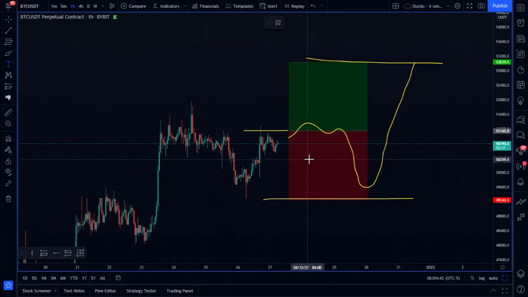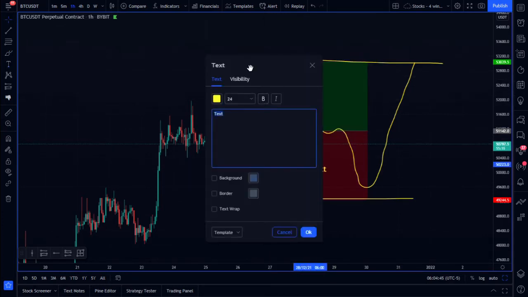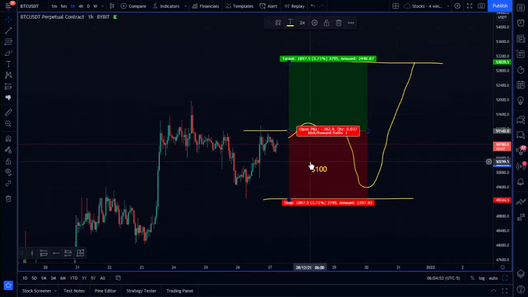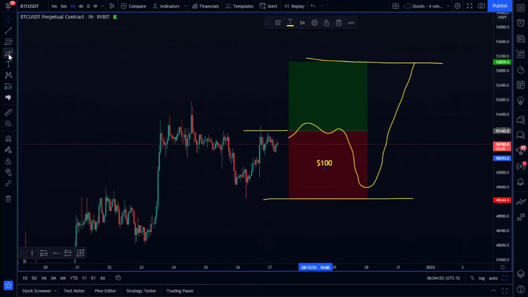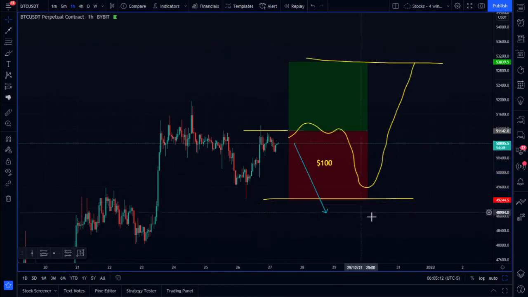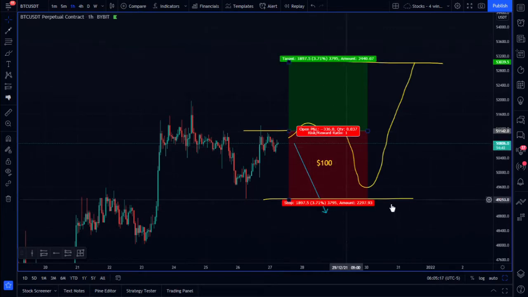Okay, so the question is, if I only want to risk $100, i.e. if the price were to drop, let's get an arrow, just make it a little bit different. If the price were to actually cross through, let's go blue, if the price were actually to drop through my stop loss point, then I would lose $100.